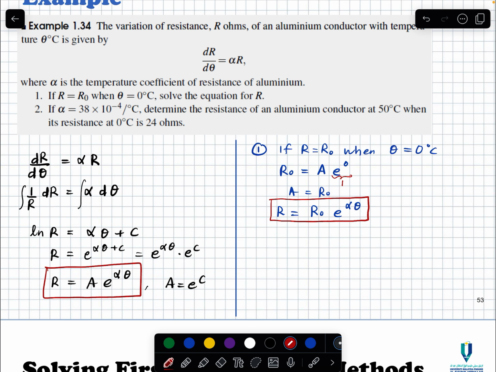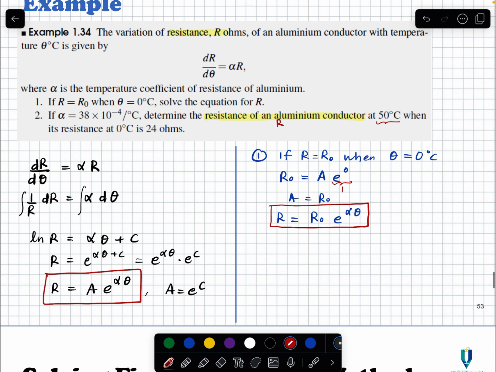Question 2. If alpha is given as 38 times 10 to the power of minus 4, determine the resistance of an aluminum conductor. What is resistance here? Resistance is denoted by R, so you have to find R. At 50 degrees Celsius, what is the temperature?